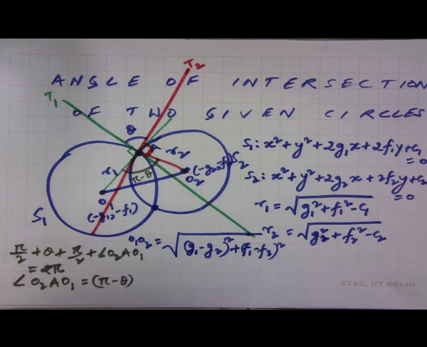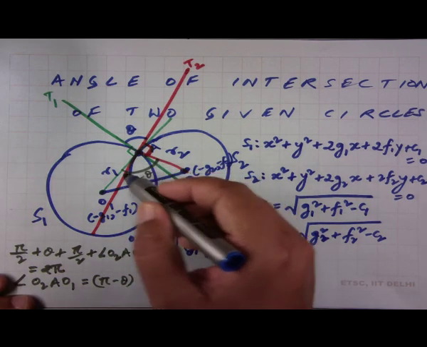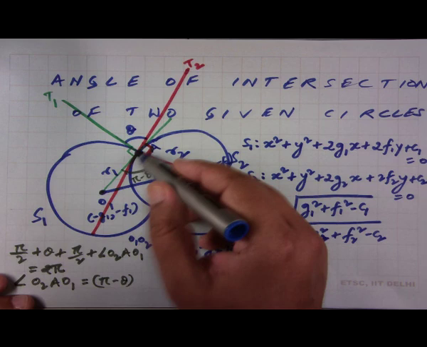Now, we will simply apply the cosine law to this angle O2AO1 of this triangle.